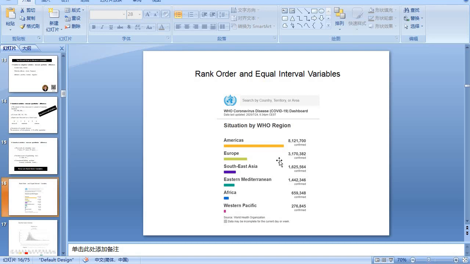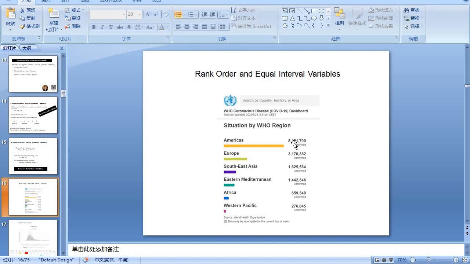But you can measure the cases most precisely. You can measure exactly how many cases each region has. For example, the Americas, South and North America combined, as of today has, let's say, more than 8 million cases.